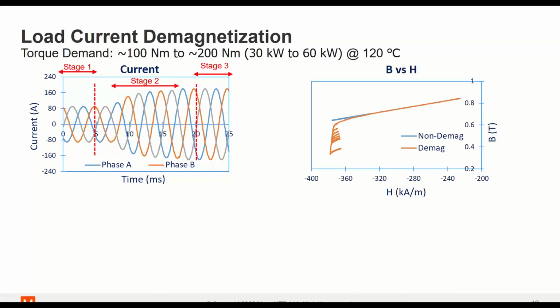So in the first stage, the demag and non-demag models will recoil at the same characteristics. So if we take the design, ignore the demagnetization and take the demagnetization into account, in stage 1 we see that the demag and non-demag models recoil at the same characteristics.